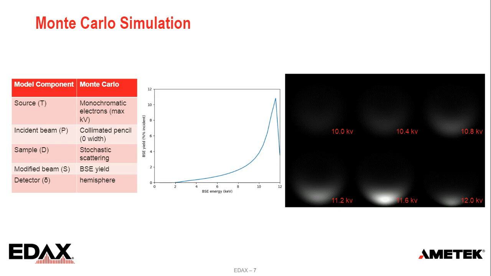You can see because of the tilt, obviously you get many more electrons coming out at the bottom from that 70-degree sample tilt. And there's a peak shortly below the incident energy, and then it dies off pretty quickly. So you can choose how far down in energy to go before you cut off and stop counting.